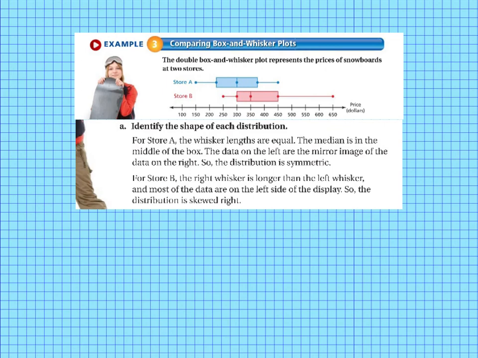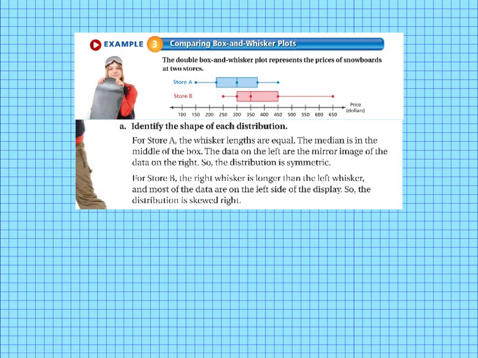We're going to move on to example 3A. This is double box and whisker plots, and you're going to see how you can show two box and whisker plots on one number line, and that helps you compare them. So it shows the double box and whisker plot represents the prices of snowboards at two stores.